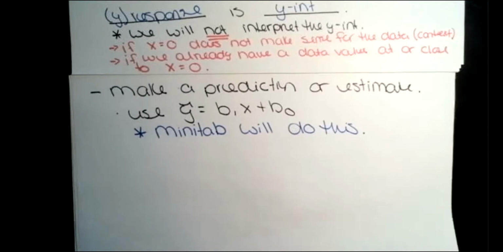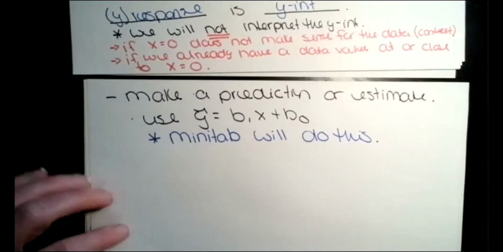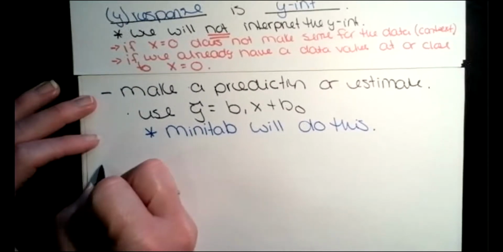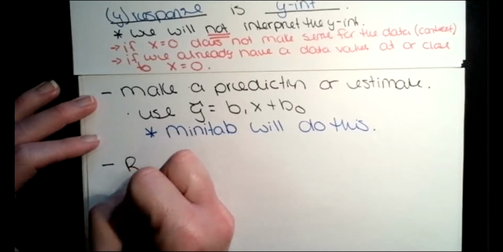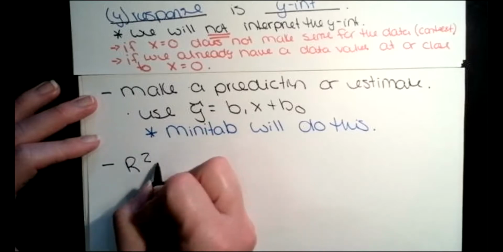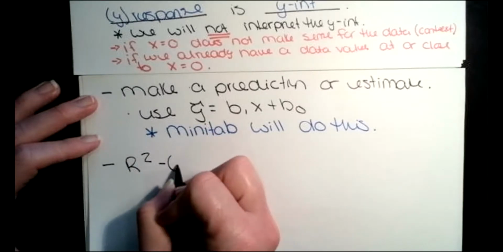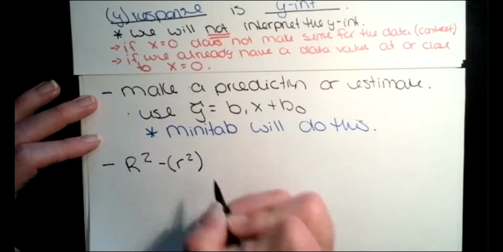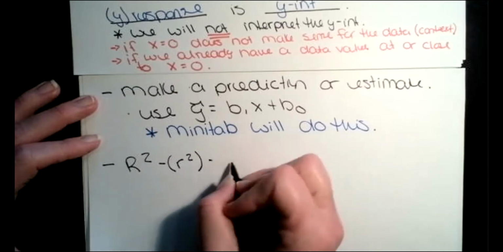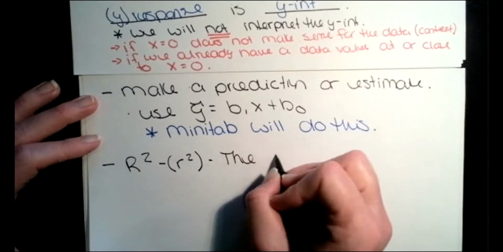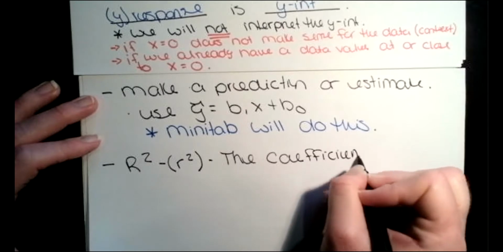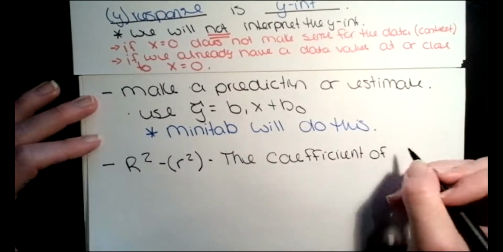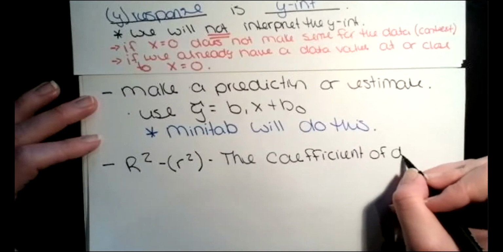Then we have another value that we're interested in, and this is called my r squared. Let me also write lowercase r squared. This is the coefficient of determination.